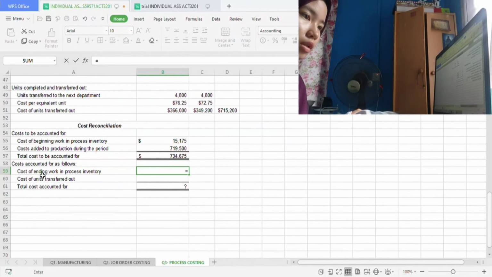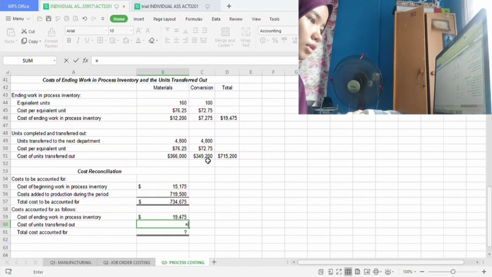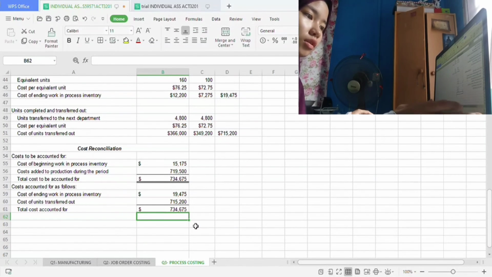So to get the total cost accounted for, we take the cost of ending work in process inventory plus the cost of units transferred out. So cost of ending, this plus, and we got the total cost accounted for. That's it. Thank you.